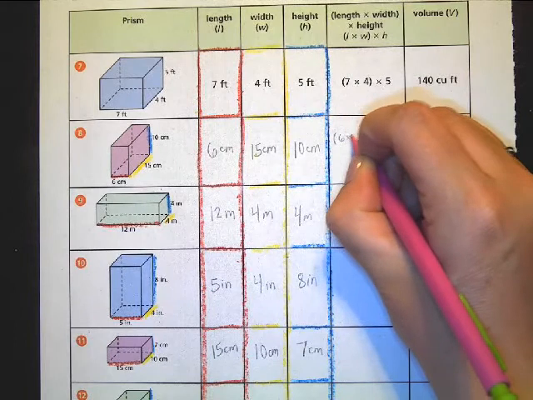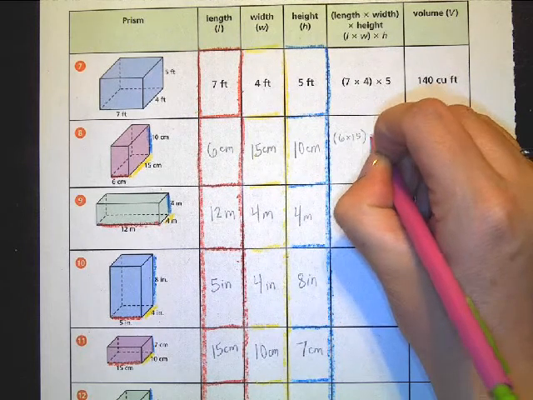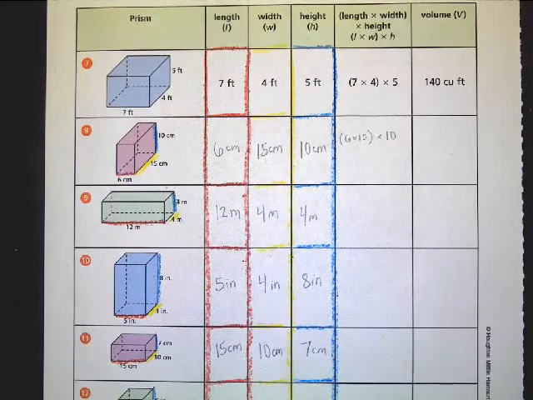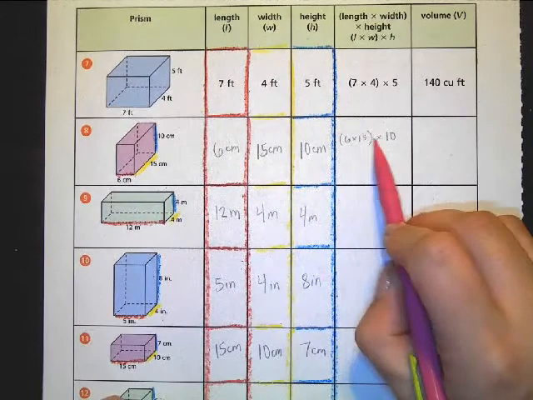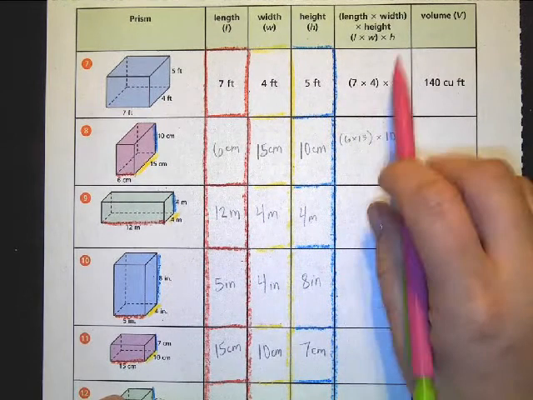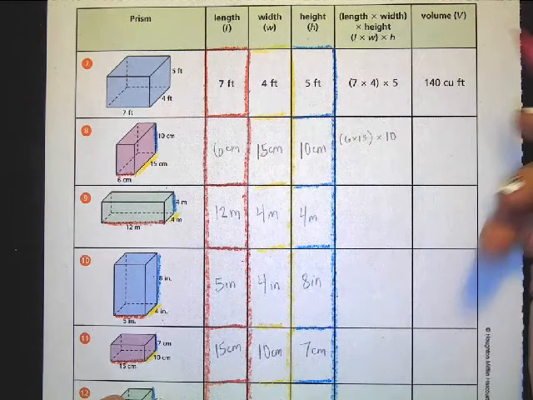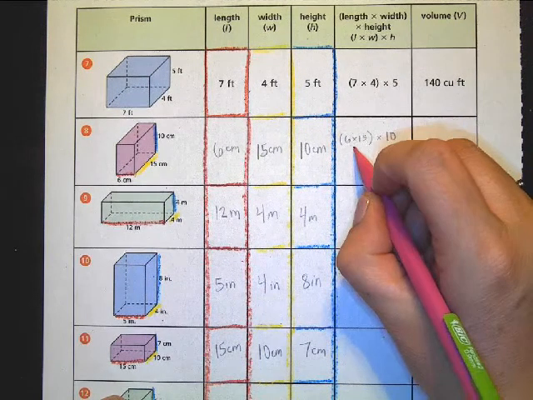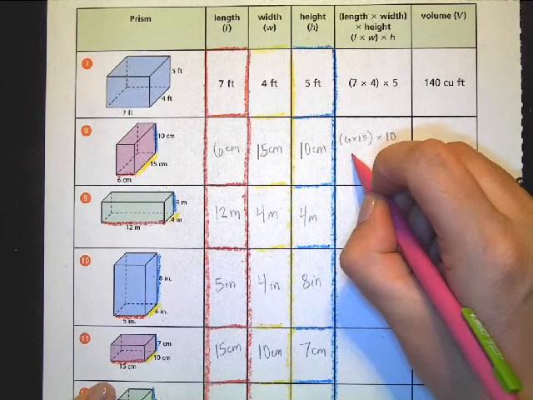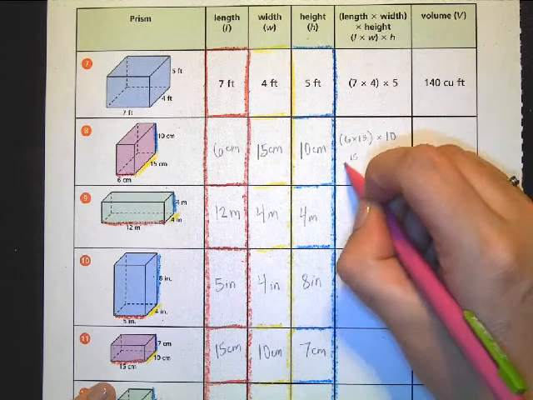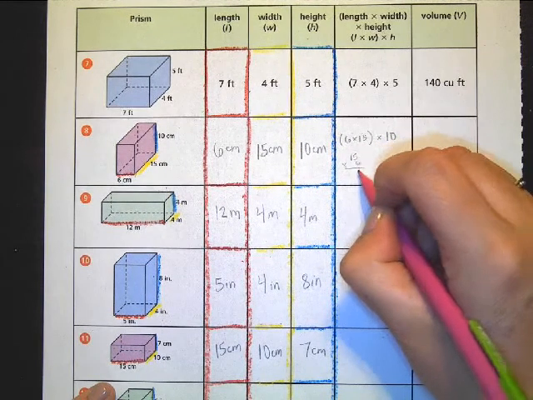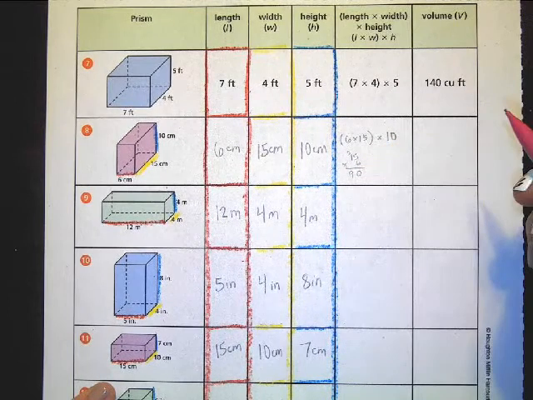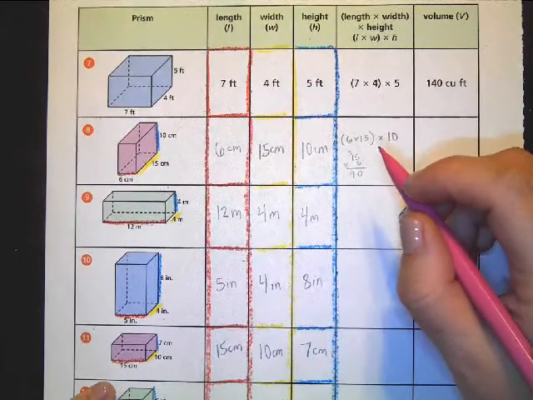Ready? So length times width. This one's going to be 6 times 15 times 10. They're just using parentheses to show you that you first find the area, then you times it by the height. So 6 times 15, I don't really know what that is, but I could probably do it. They gave me plenty of space to work on this. It's 90.